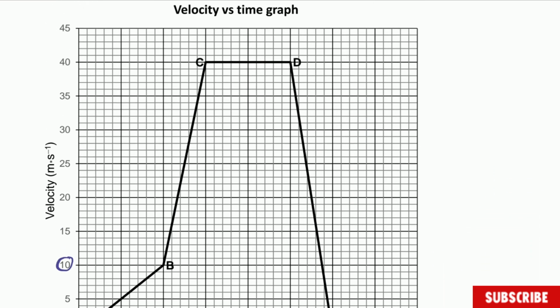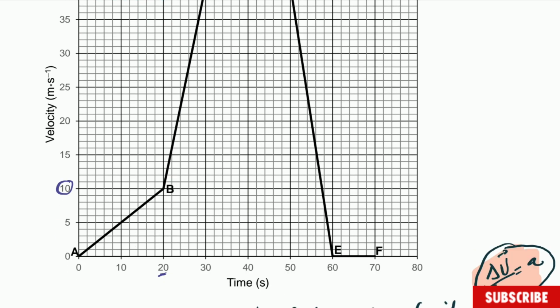CD, the next one. What can you see in CD? First of all, you can see that velocity stays constant. Velocity is constant and equal to 40 meters per second.